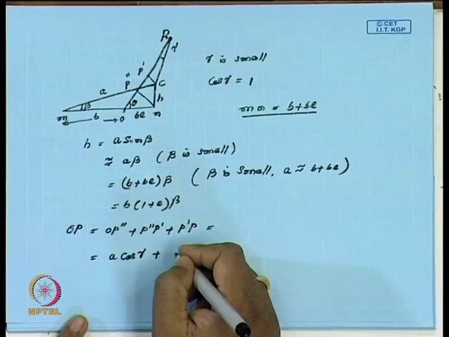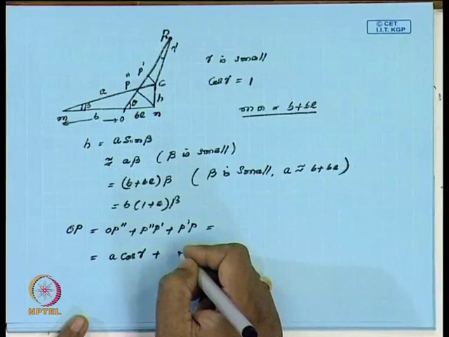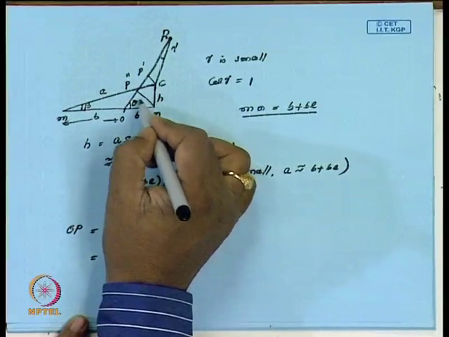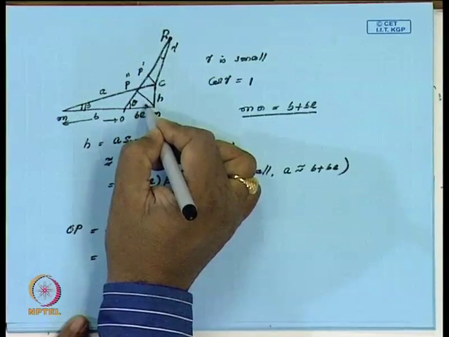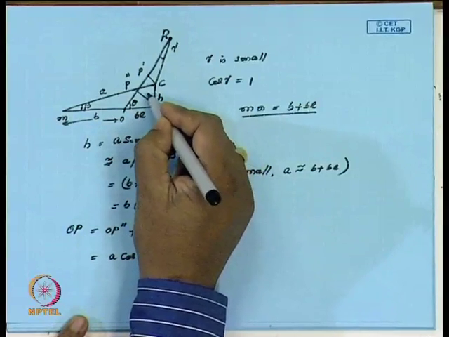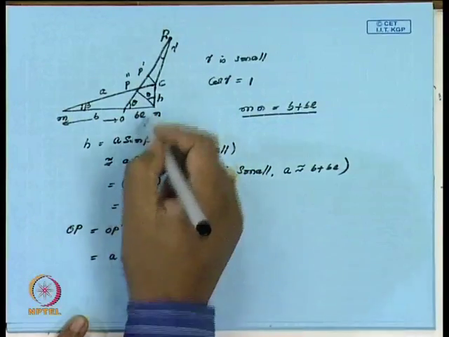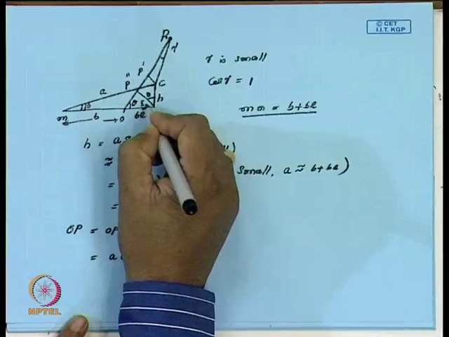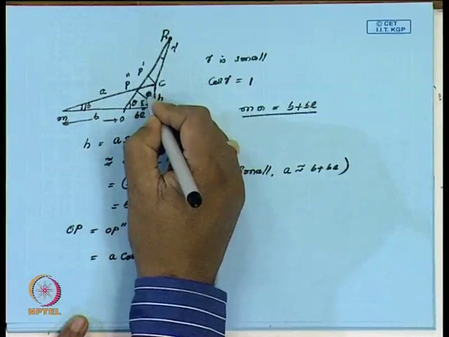Now, this angle is theta, so this is pi by 2 minus theta, again this is a perpendicular line. So, this is also theta, so this angle is again theta.